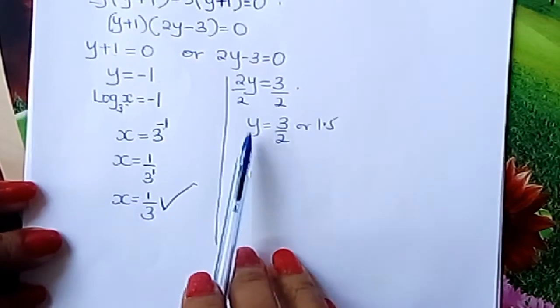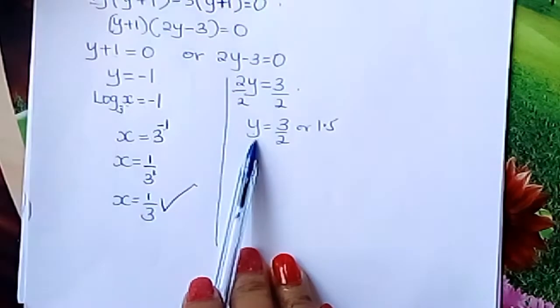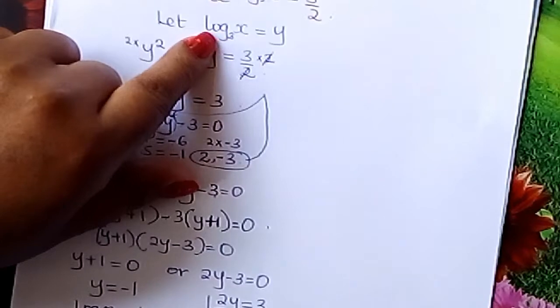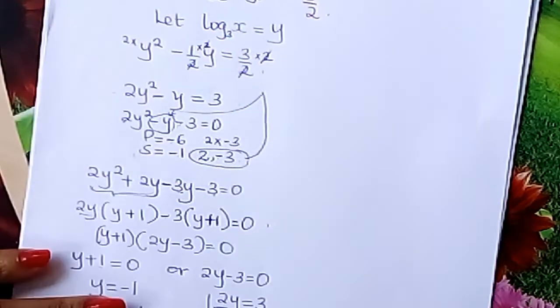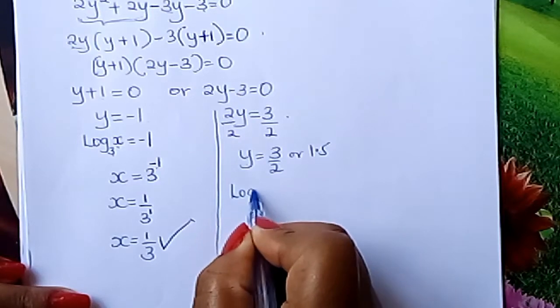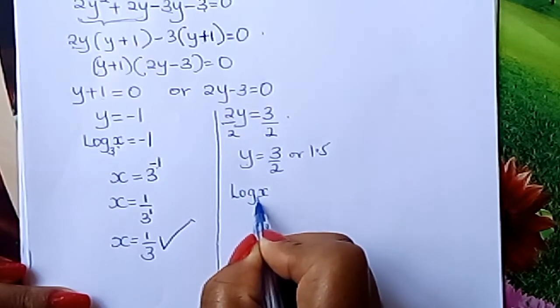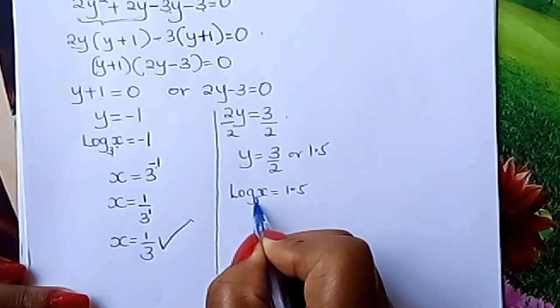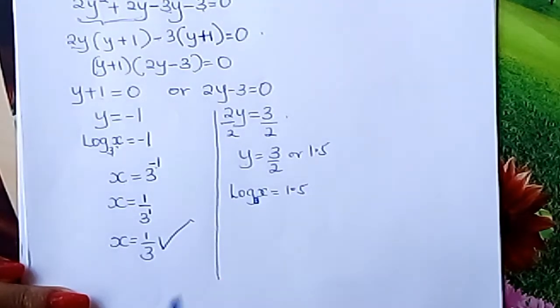But y, learner, was what? Our y was log x to base 3. So you come and write our y is log of x to base 3, which is equal to 1.5 or 3 over 2.